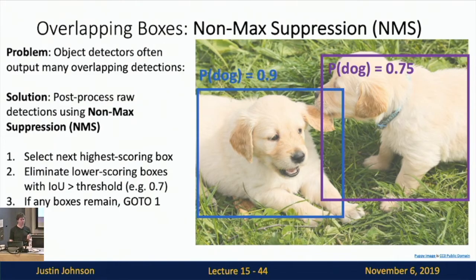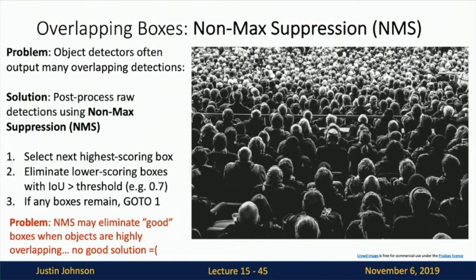Okay, so this seems like a pretty reasonable algorithm, and basically all object detectors that you'll see out in the wild will almost always rely on this non-max suppression algorithm to eliminate shared detections. But there's a subtle problem with non-max suppression: it's going to get us into trouble in cases where there actually are a lot of objects in the image that have high overlap. We don't actually have a good solution for this right now as a community in computer vision.